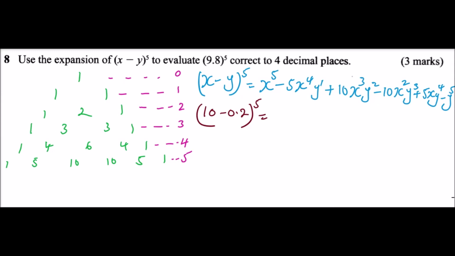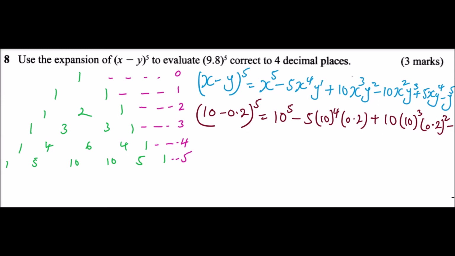So this will give us 10 to power 5 minus 5 times 10 to power 4 multiplied by 0.2. The other one is plus, that will give us 10 multiplied by 10 to power 3, and we have 0.2 squared, and we have minus 10. We have taken care of 10.